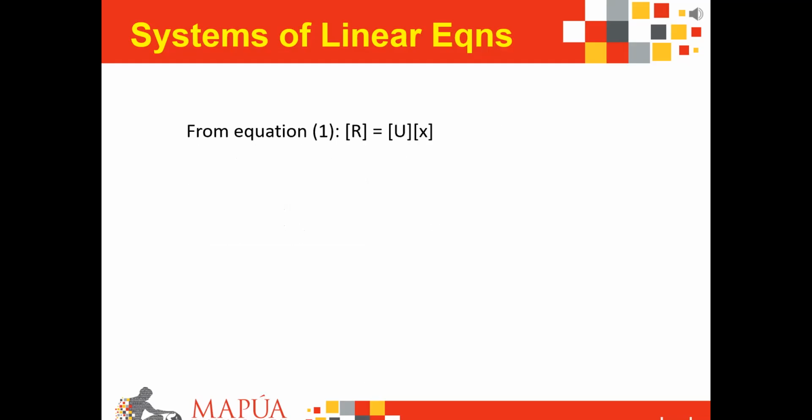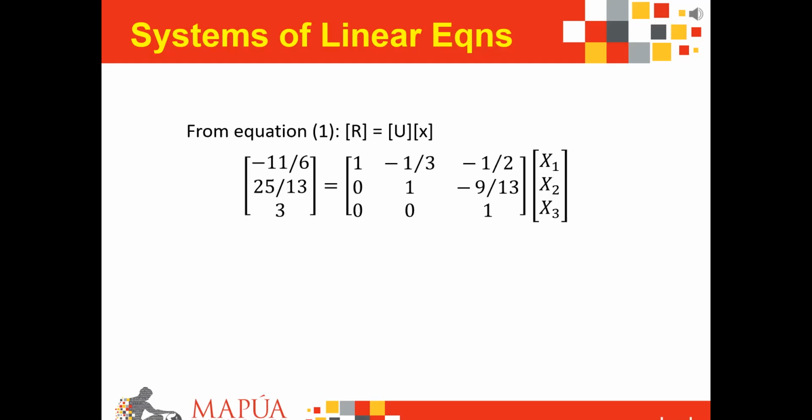We then use these values on your previous assumption, which is noted to be equation 1, whereby matrix R is equivalent to the product of matrix U multiplied by your matrix X, which then appears like this given matrix equation.